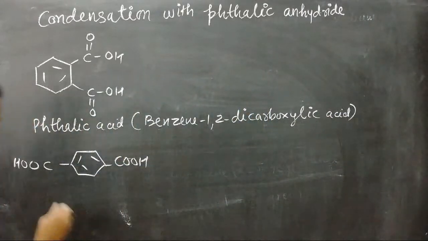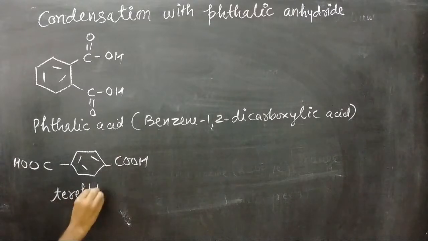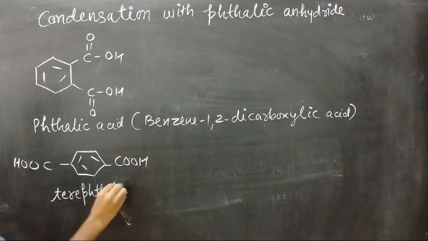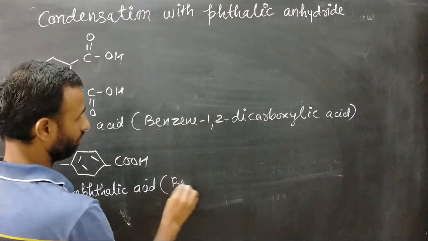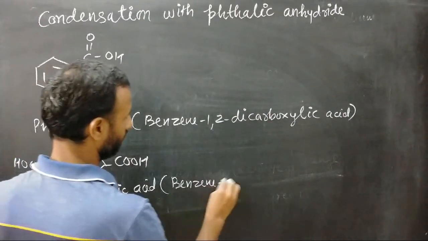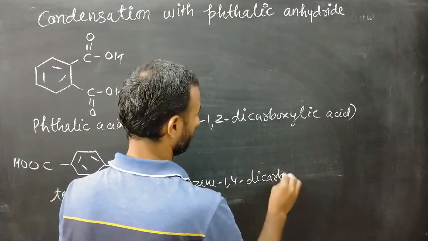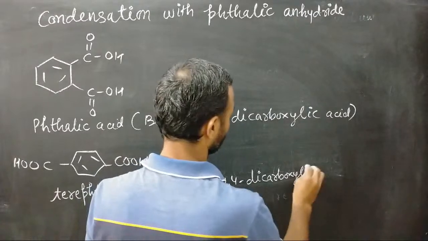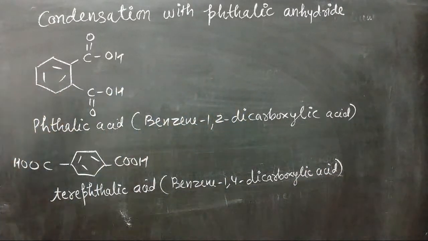And if COOH groups are at para position, it is called terephthalic acid, which is benzene 1,4 dicarboxylic acid, right?